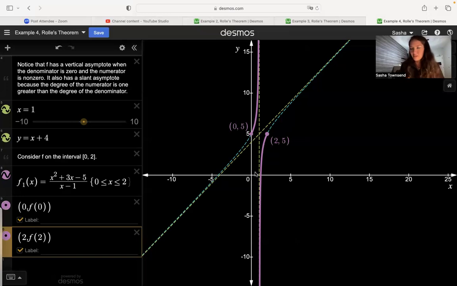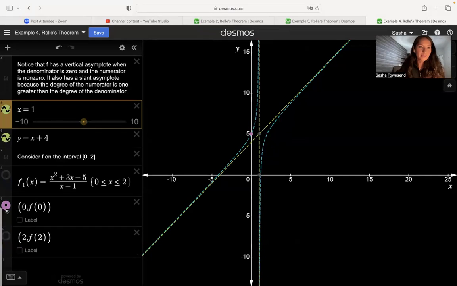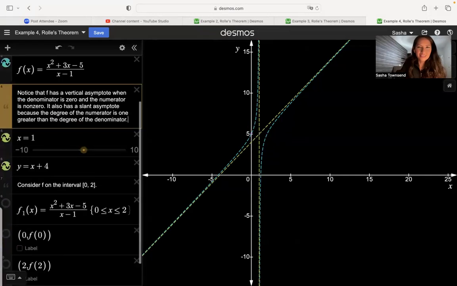Now, this particular function I think is pretty interesting, because normally what I do in this case is I try to change the interval. I say, okay, well, what could I change the interval to so that the theorem would apply? Well, it turns out I can't. I love making up these homework problems.